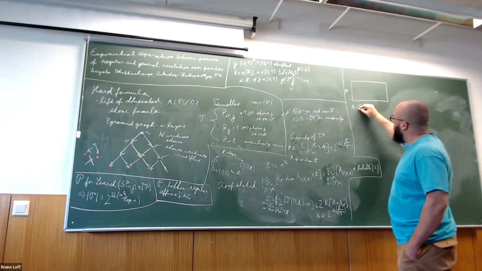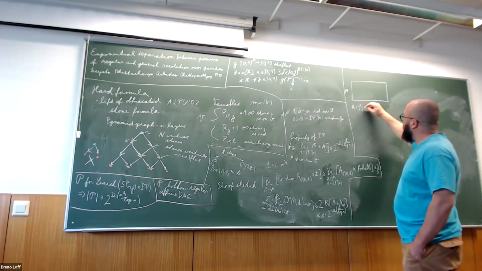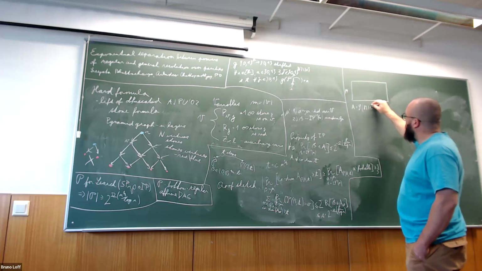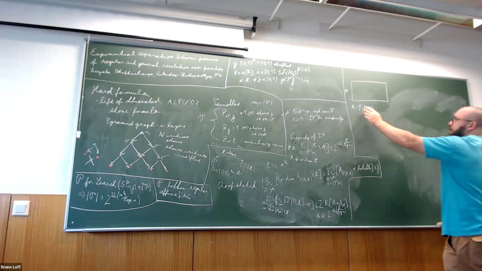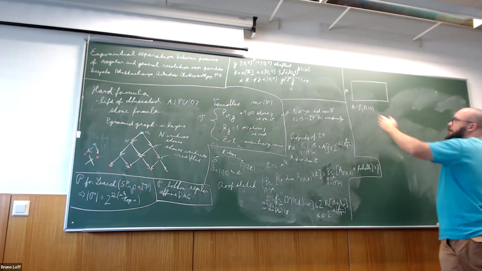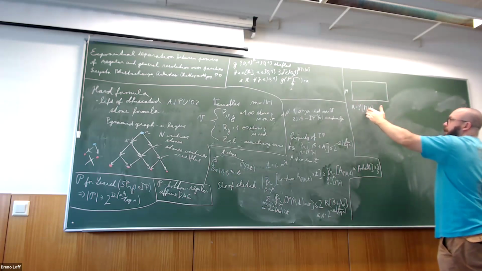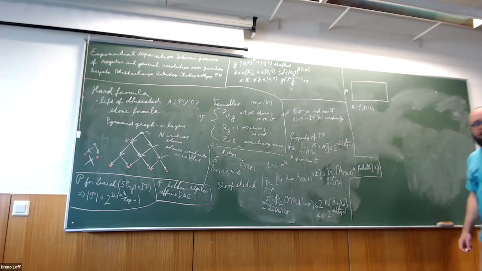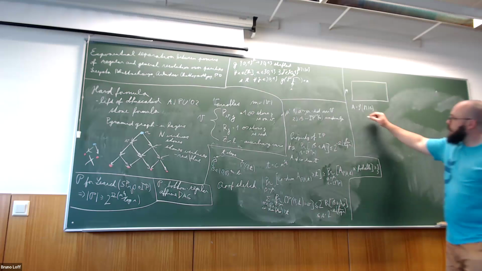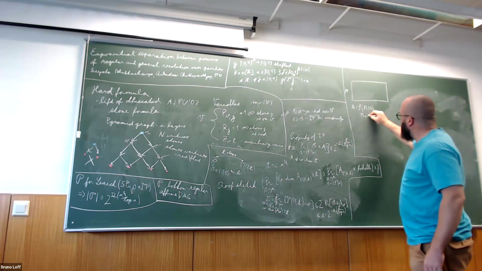The affine space is a set of solutions of the system defined by the matrix M and some vector C: Mx equals C. Yes, Mx equals C.